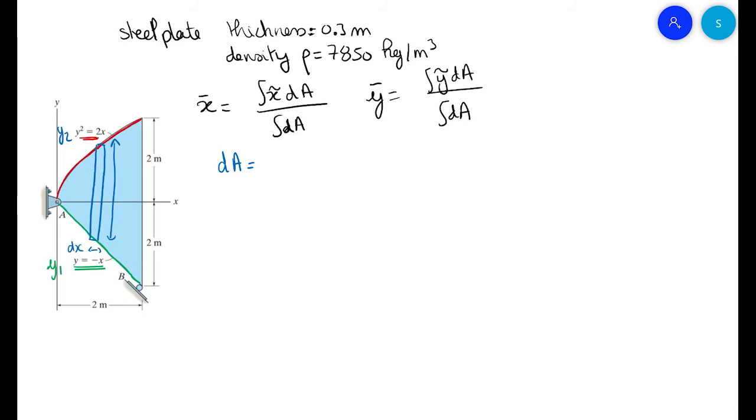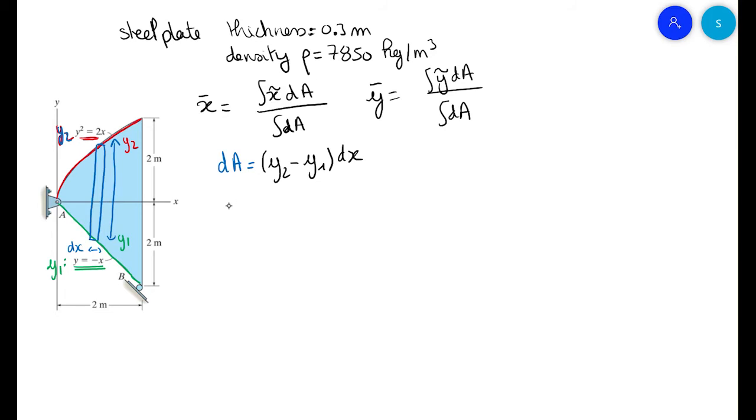So my dA will be y2 minus y1 times dx. The height of the rectangle is the difference between y2 and y1.